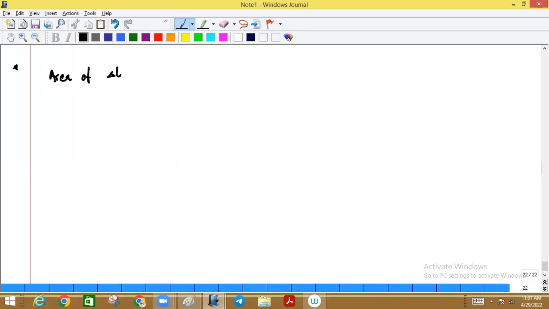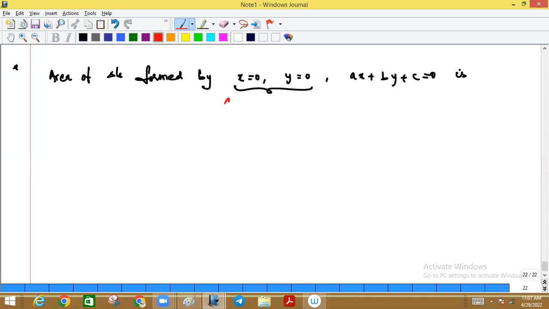Area of triangle formed by x equal to 0, y is equal to 0, and the line ax plus by plus c is equal to 0. See, instead of x equal to 0, y equal to 0, sometimes they'll say coordinate axes.